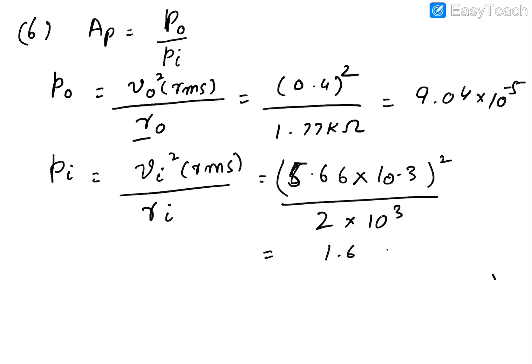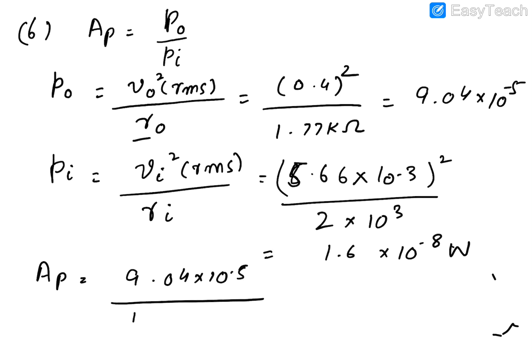This is equal to 1.6 into 10 raised to the power minus 8 watt. So simply the power gain is equal to 9.04 into 10 raised to the power minus 5 divided by 1.6 into 10 raised to the power minus 8. This is equal to 5650.